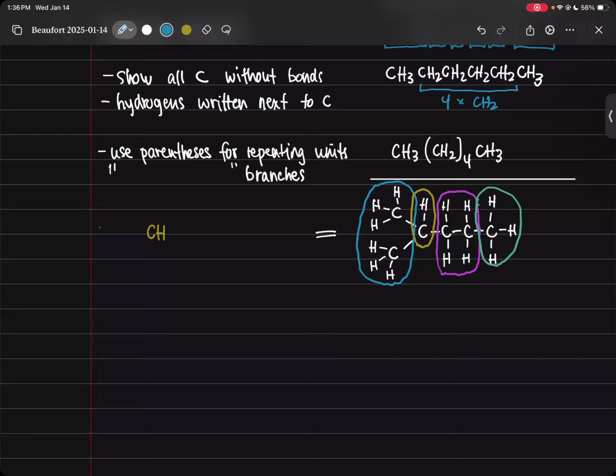And so to do that, we're going to say (CH3)2. Okay, on the other side of the amber, orange CH are two CH2 groups in succession, and we also use parentheses for those.